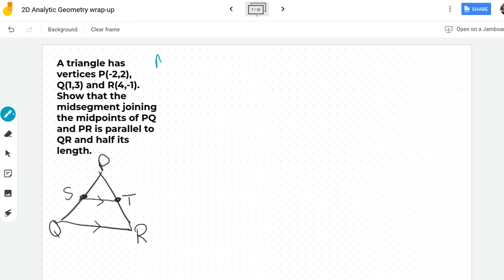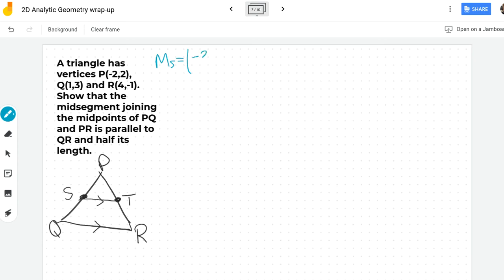So I'm going to call it midpoint S. So it's the midpoint of P and Q. And we know the midpoint formula is x1 plus x2 over 2, comma, y1 plus y2 over 2, and its coordinates, so we keep it in brackets. I'm not going to write the formula because I know I'm going to run out of space here.